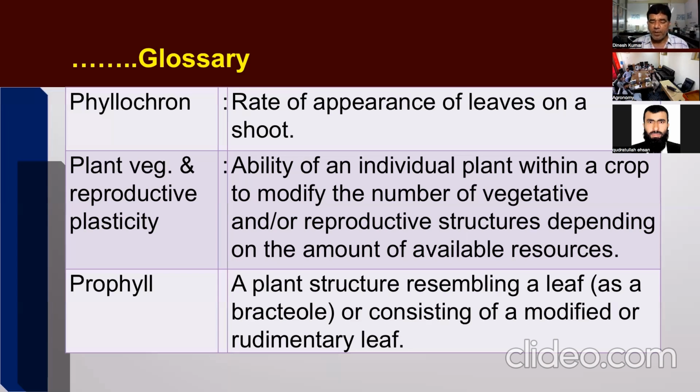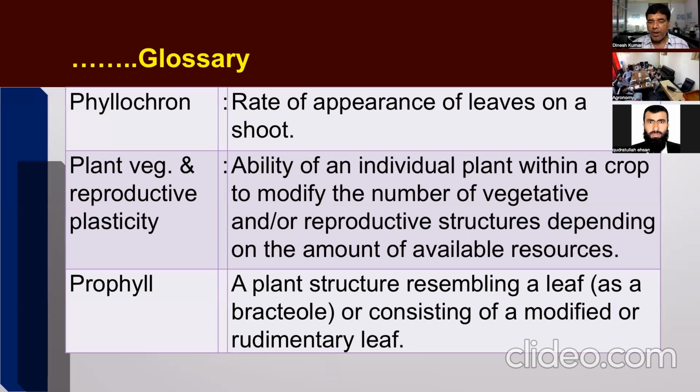This pearl millet plant is a drought hardy, drought tolerant plant. If the severity of the drought increases, this plant can reduce its duration. It can mature fast and it will give you some seed. So this is plasticity.